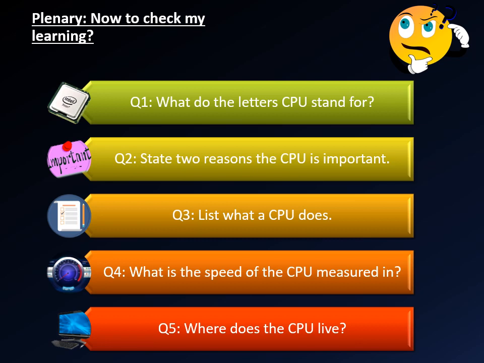Question 2. State 2 reasons the CPU is important. Question 3. List what a CPU does. Question 4. What is the speed of the CPU measured in? Question 5. Where does the CPU live?